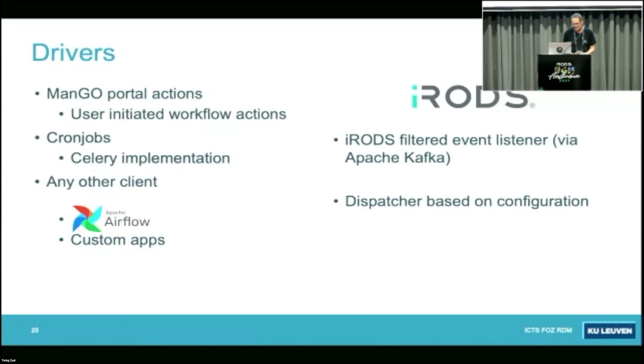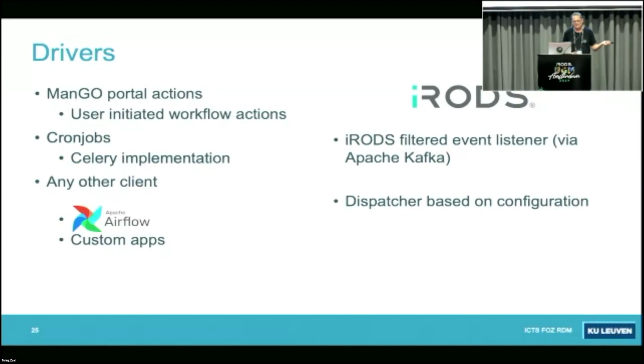Or it can basically be any client, for example, Apache Airflow, which is also a data management workflow infrastructure and framework. It's also written in Python, and it's very easy to integrate it with Celery and just post some requests and messages inside our own implementation.